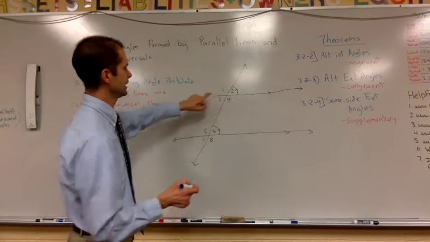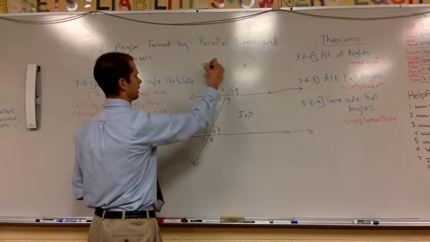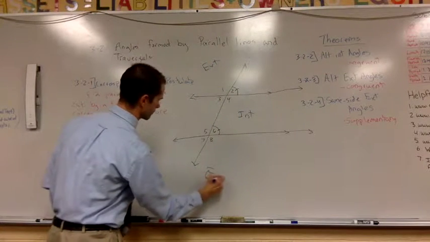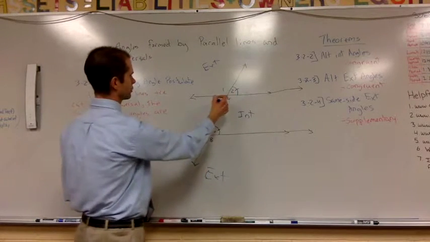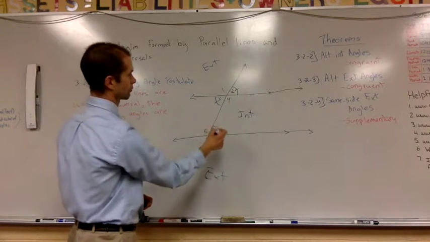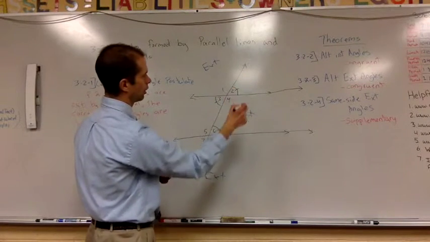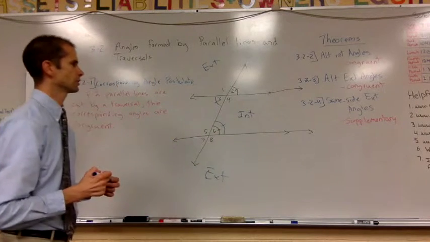So, alternate interior angles, remember this is the interior, exterior out here. Alternate means opposite sides of the traversal. So we have angle 3 is congruent to the alternate interior, angle 6.